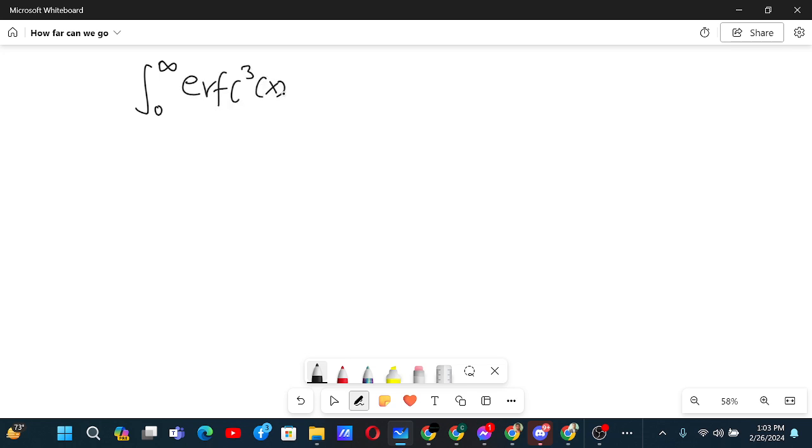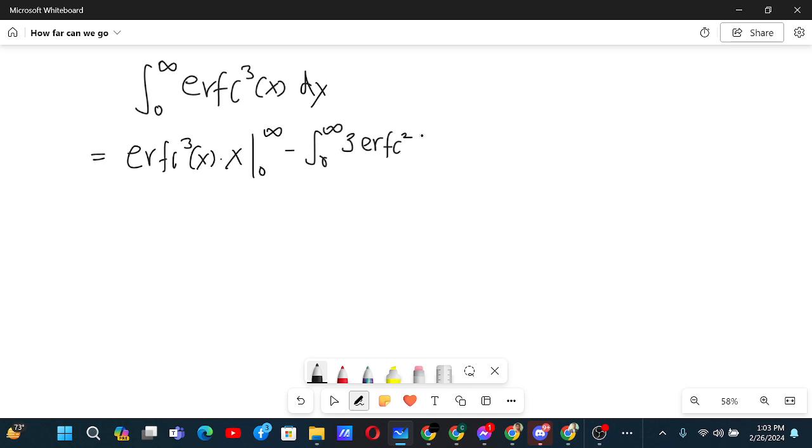So let's go with the same approach of integration by parts. erfc cube of x times x from 0 to infinity, minus integral from 0 to infinity 3 times erfc square of x, 2 by root pi times minus e to the power minus x square, x dx.